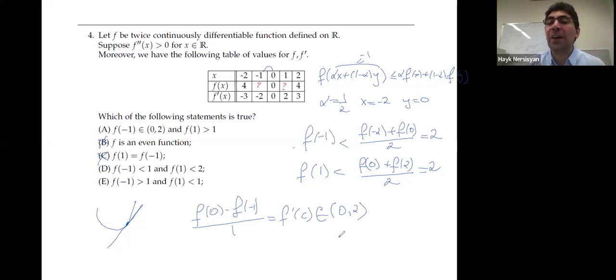Because we know that f double derivative is positive, hence f derivative is increasing. Being increasing, so the value will be from -2 to 0.